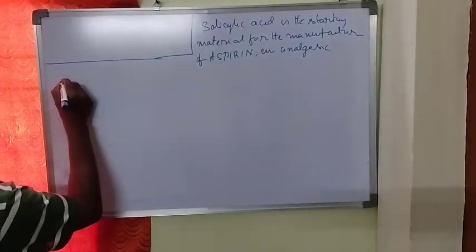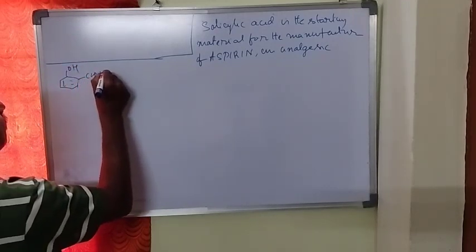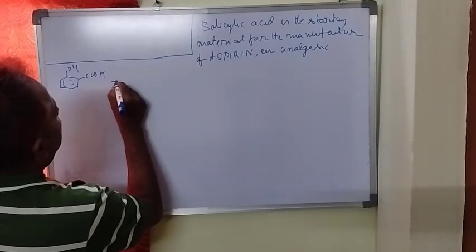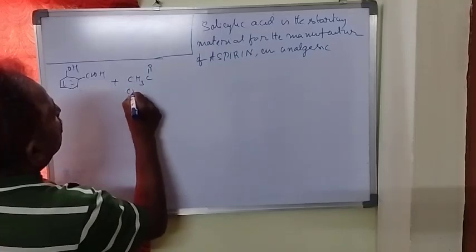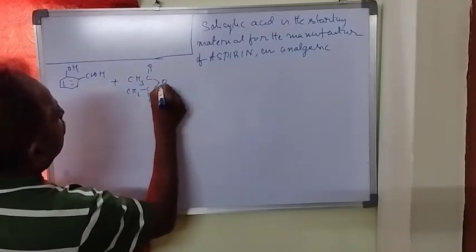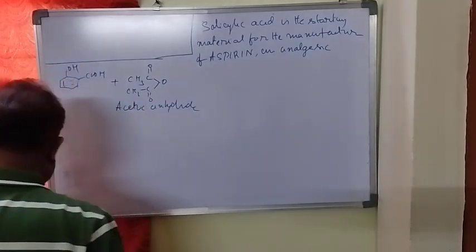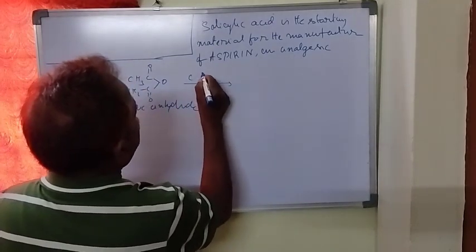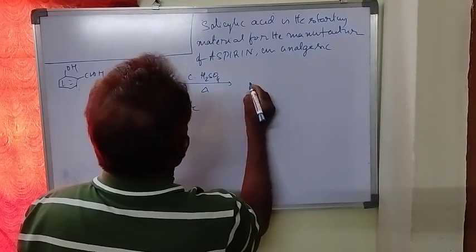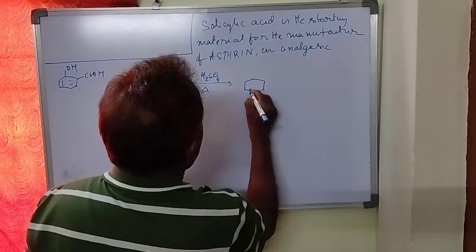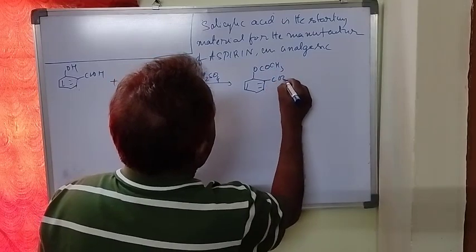So here this is salicylic acid in the presence of (CH3CO)2O. What is this substance? Acetic anhydride. This is in the presence of concentrated sulfuric acid and of course high temperature. Therefore we get OCOCH3 and COOH.